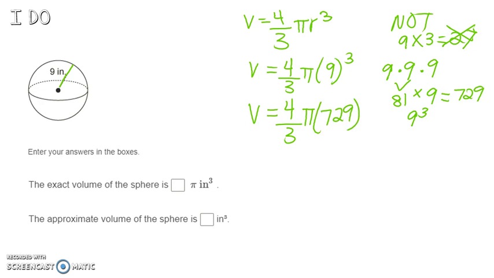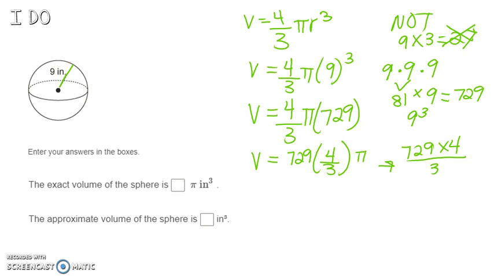All right. Now I know the next question is, how do I finish this up? I don't know what to do with that 4/3. The easiest way to think of this, you are going to take 729 and in your calculator multiply it by 4/3. There is another way to look at this. You can take 729, multiply it by 4, and then divide it by 3.